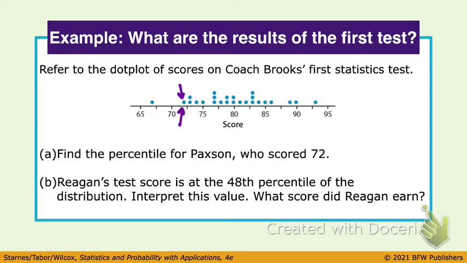So there is only one value that is less than Paxson's score. There's only 1 out of the 25 tests that were scored that are less than Paxson. So 1 out of 25 is 0.04, which means that Paxson is at the 4th percentile.